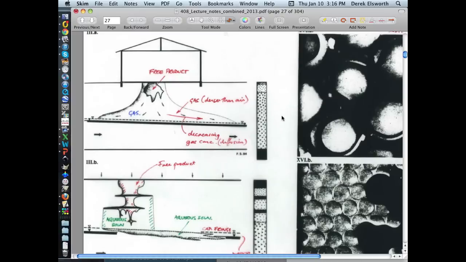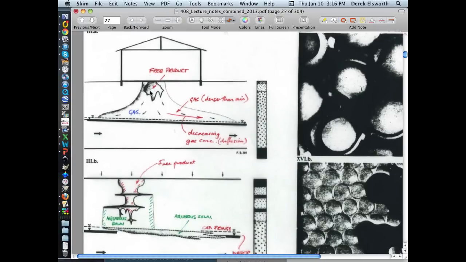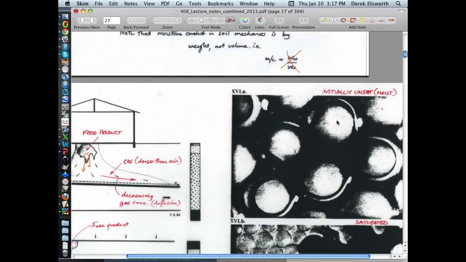This is actually a blown-up diagram of some classic experiments done by a guy called Frederick Schwille, who dropped NAPLs lighter than water, LNAPLs in this particular case, into basically an aquarium tank full of soil with water in it, and looked at the transport of these NAPLs as they went through this partially saturated zone, and then blew up portions of them. And what you see here is a whole bunch of beads, where the beads are in contact with the wall of this aquarium.